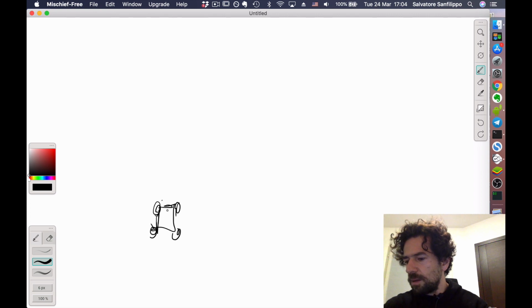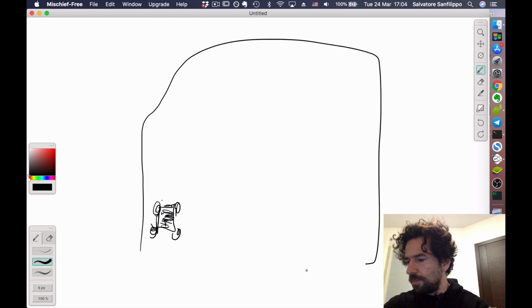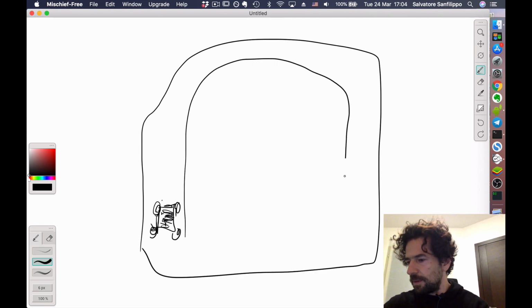Basically, I want this car, which implements a neural network inside, to be able to drive here.